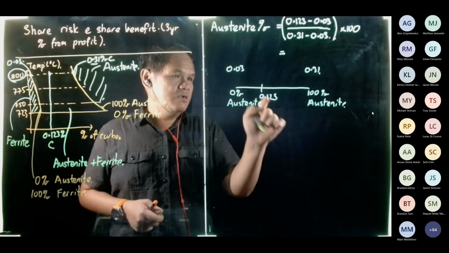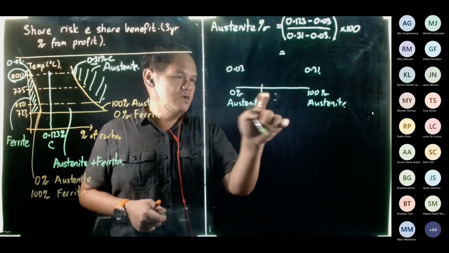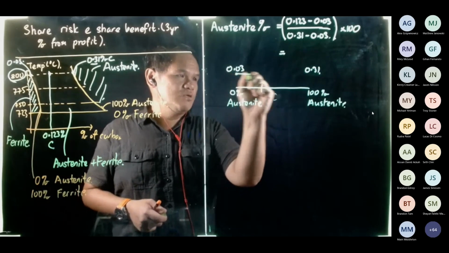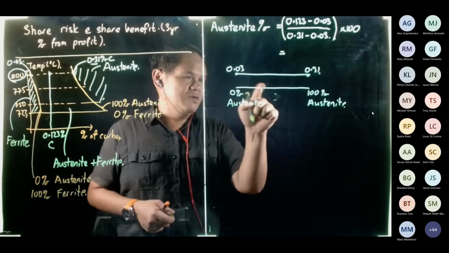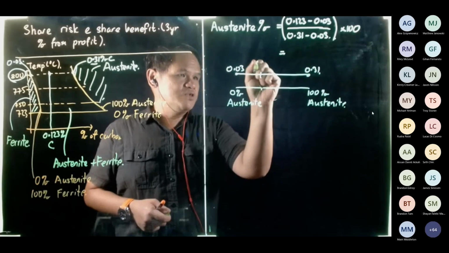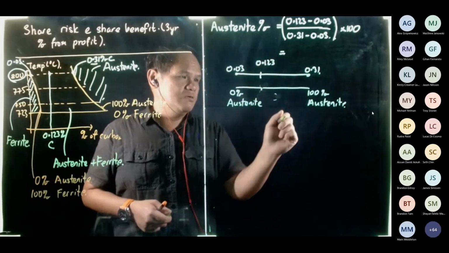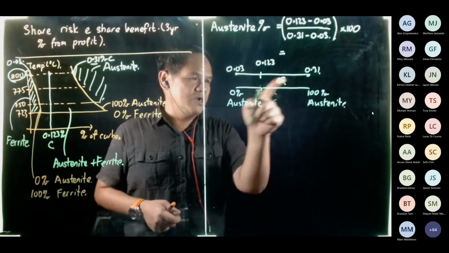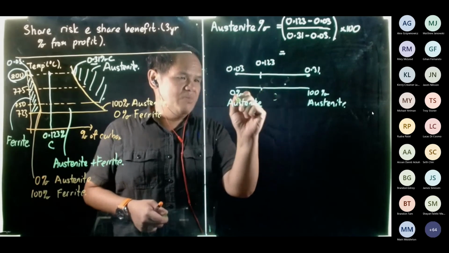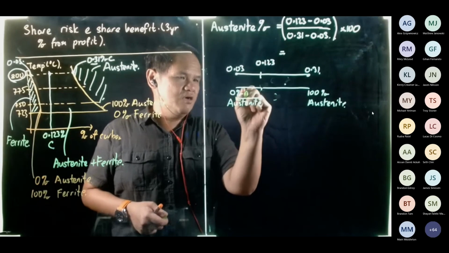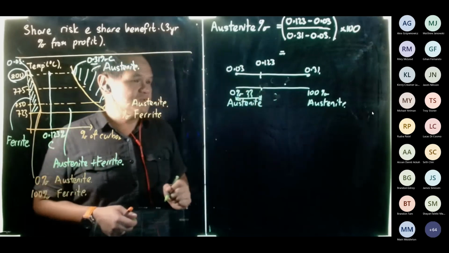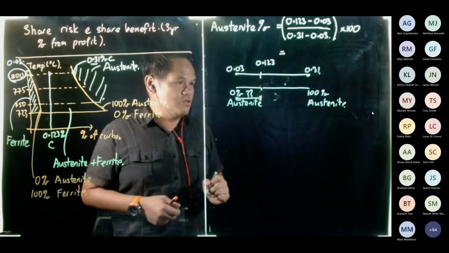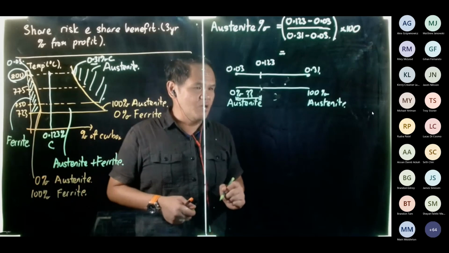This is also a linear scale, a linear relationship. So if it's 0.123, we want to find what is the percentage of austenite. Does that make sense to you? So it's like a linear interpolation.